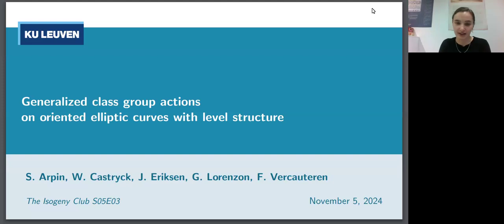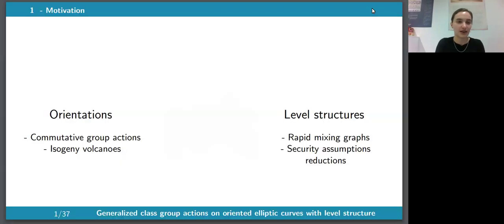So let me start with a bit of motivation. As I said, I'm going to talk about orientations and level structures. Orientations are now a very well-known and widespread framework that essentially allows us to transport characteristics of the ordinary elliptic curve and isogeny world into the supersingular setting.